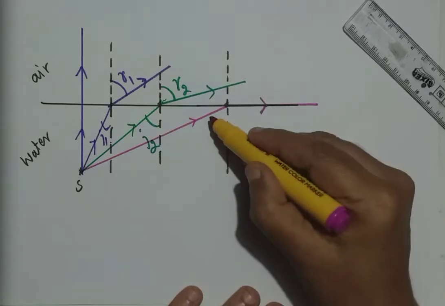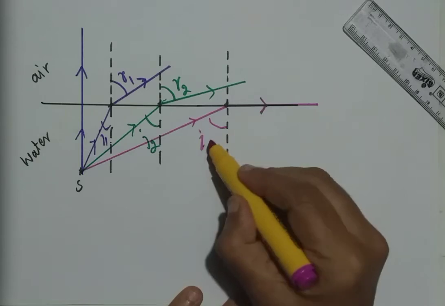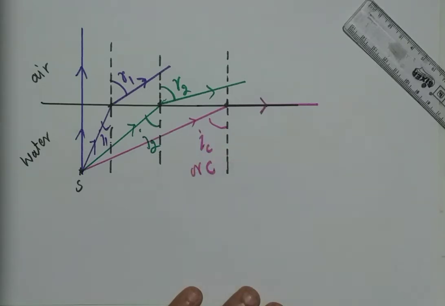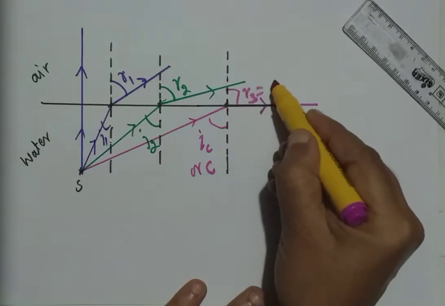Here, the angle of incidence is what we call specifically IC, or many times denoted by C only. Observe the angle of refraction, R3, will be 90 degree here.